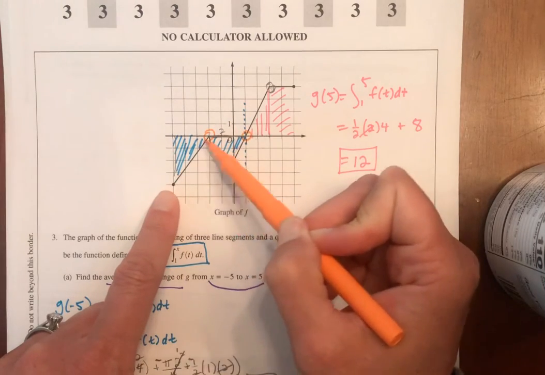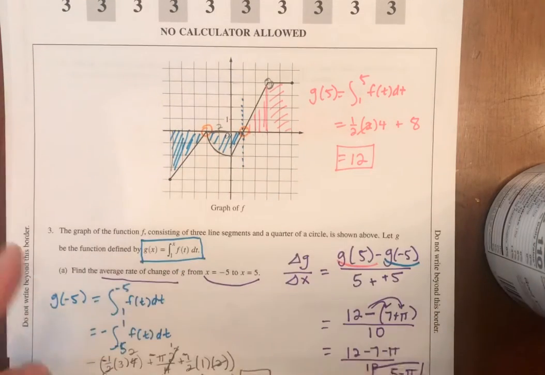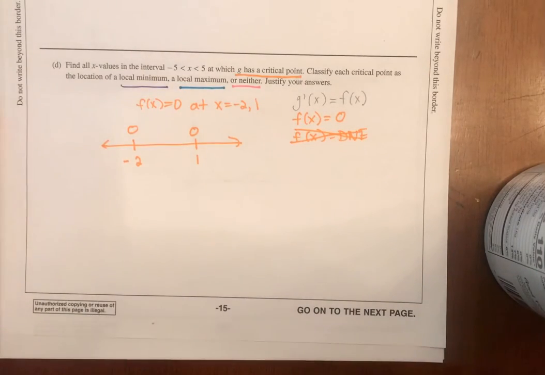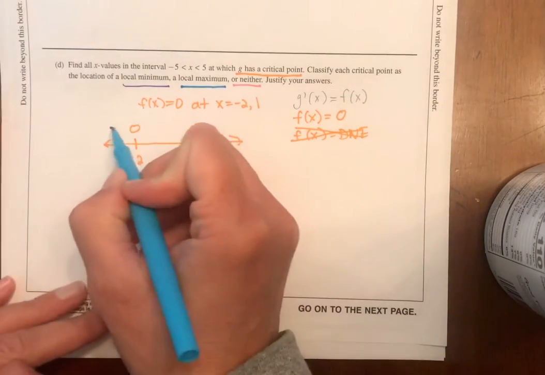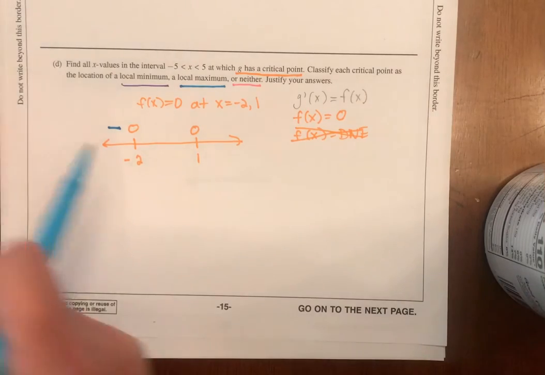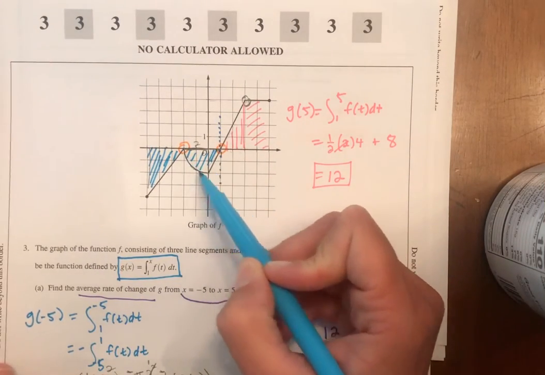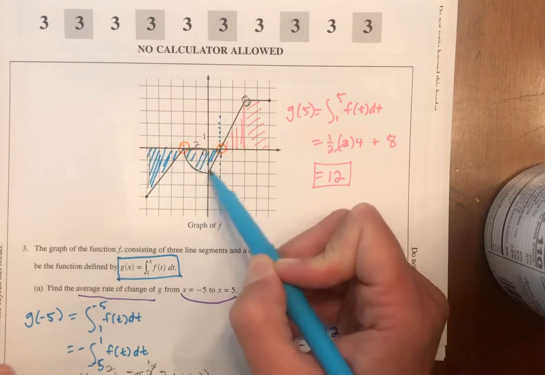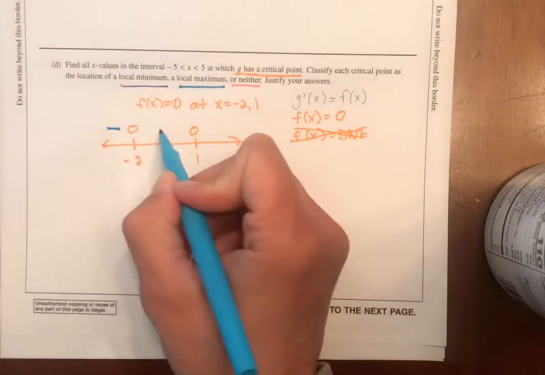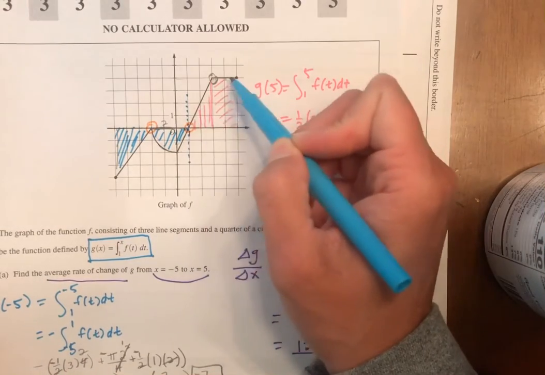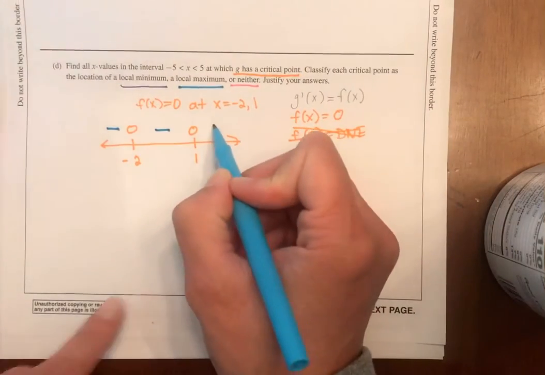So here on this side, the values of f are negative, because the graph is below the x-axis. And then again here, between -2 and 1, all of the values of f are negative. And then from 1 on to the end, all of the values of f are positive.